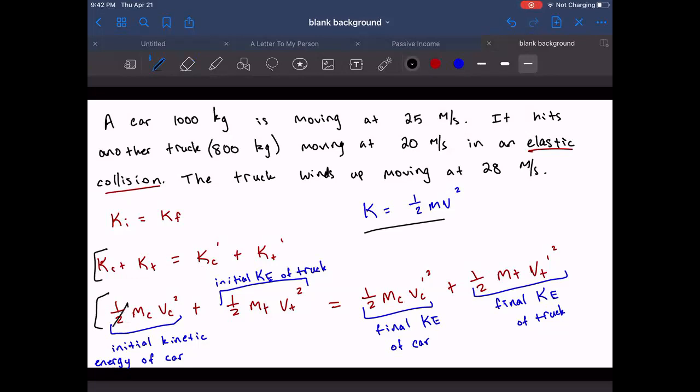And then you can say, because I'm going to want to solve here for the final velocity of the car, this guy. And so you have all this giant thing.